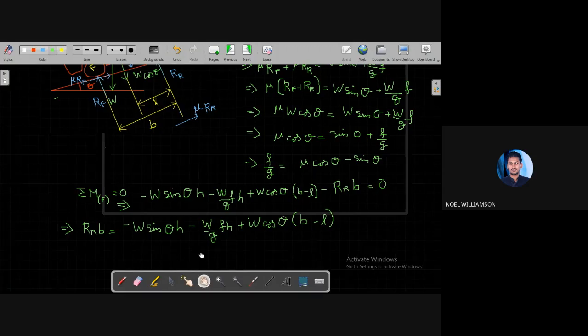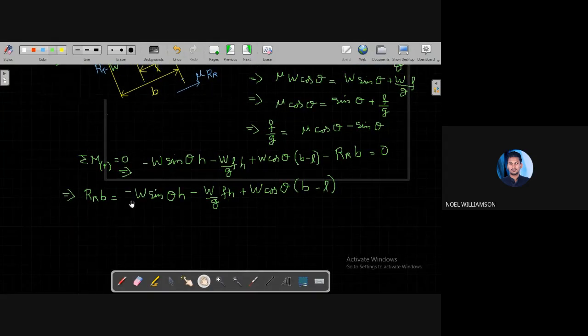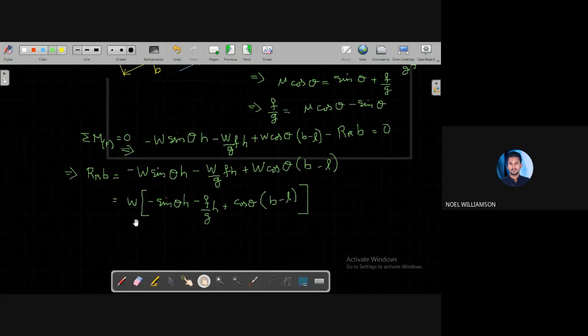Now we can take W common and write W into minus sin theta h minus F by g into h plus cos theta into b minus l. So you get the relation for RR into b.